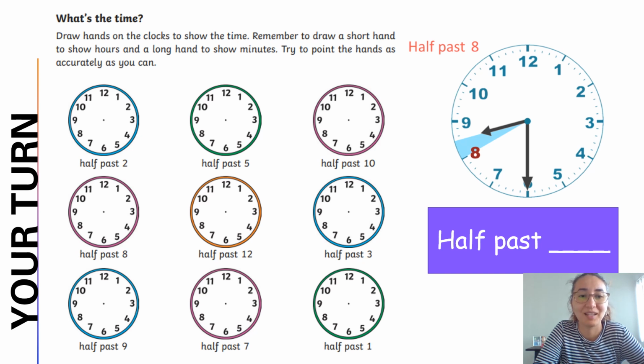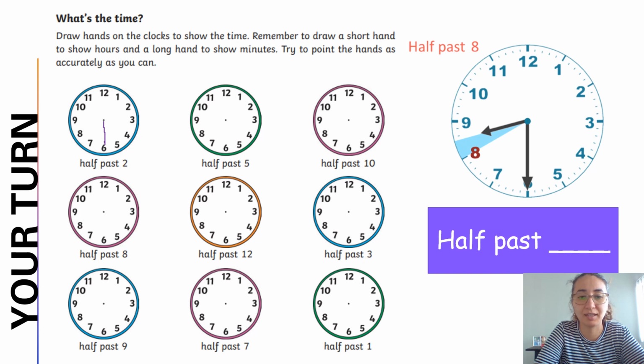That's okay. So 2:30. If we have a look, guys, we know that the minute hand has to point to the 6. So the long hand points to the 6. And the short hand, actually, you know what, I'll keep to the colors. Sorry, that's my alarm. So the long hand points to the 6 to show 2:30.